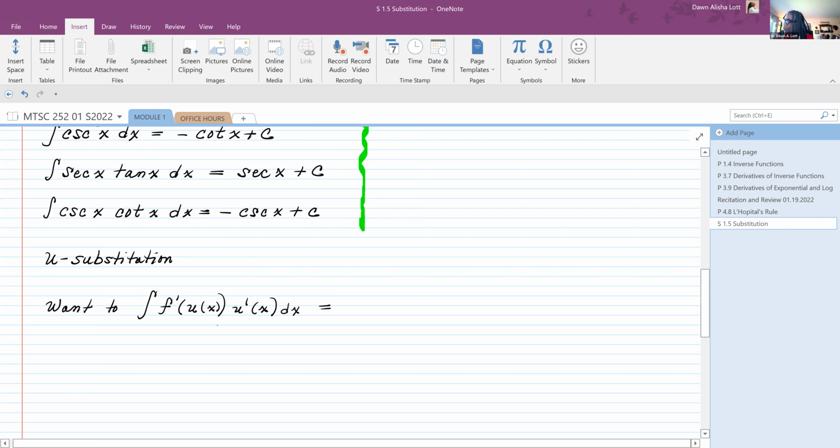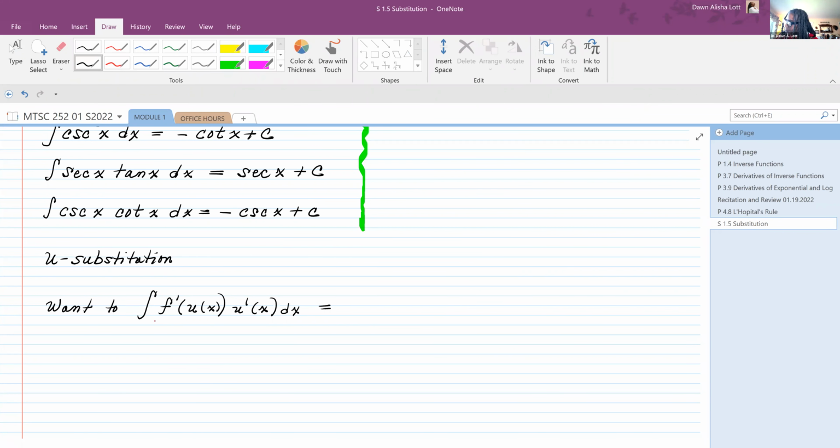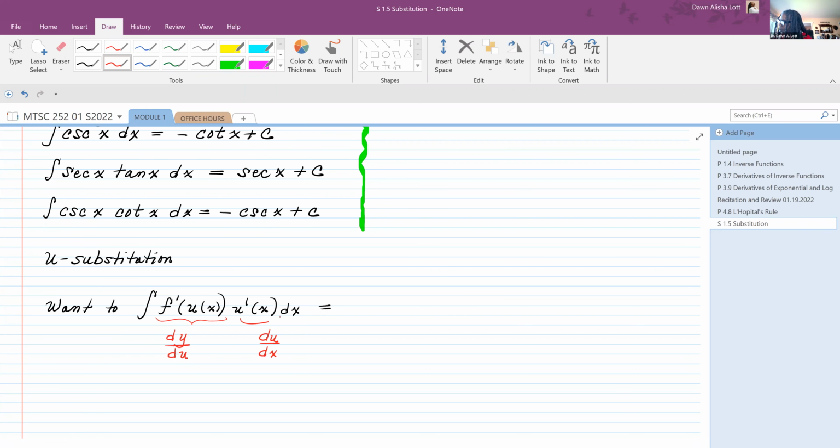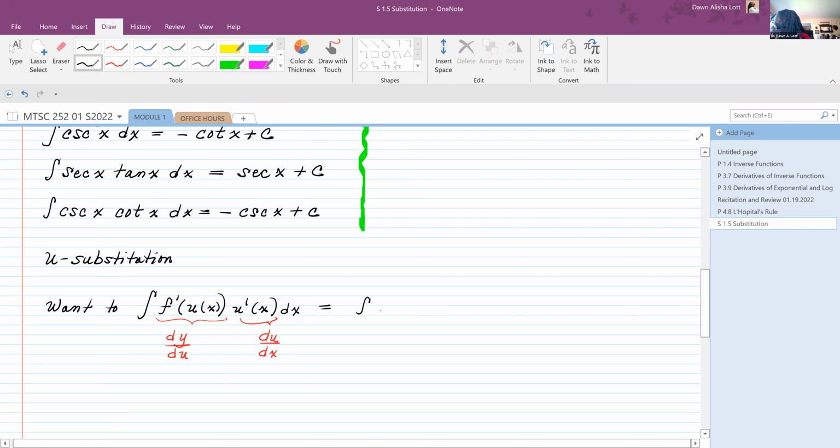So this is the dy du part, and this part is the du dx part. So this integral should just give me y back, which is whatever the function was, plus a constant.